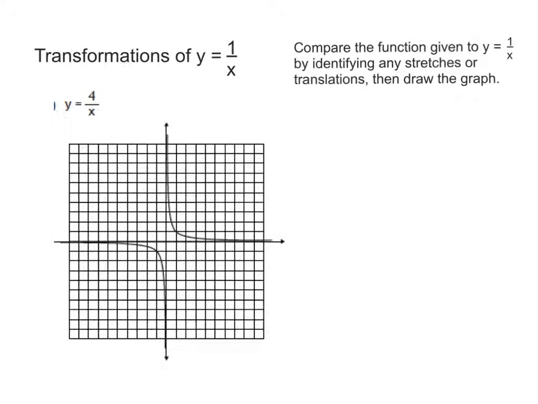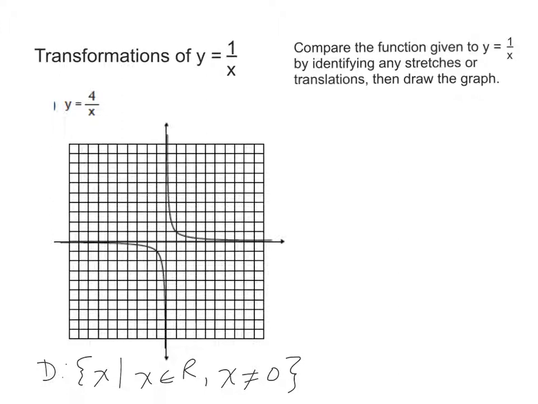What would you say the domain of that function is? So domain: x such that x is an element of the set of real numbers, but x cannot equal 0.